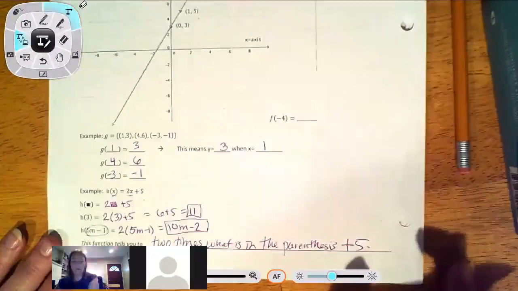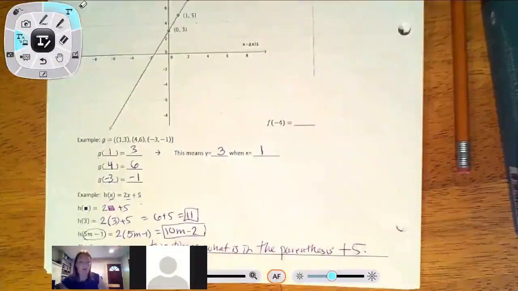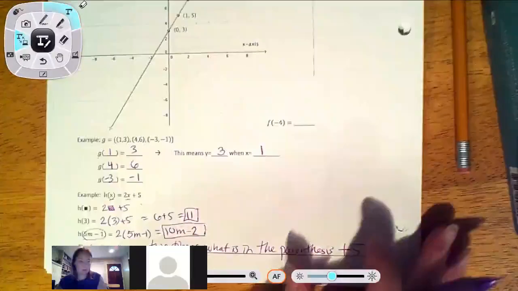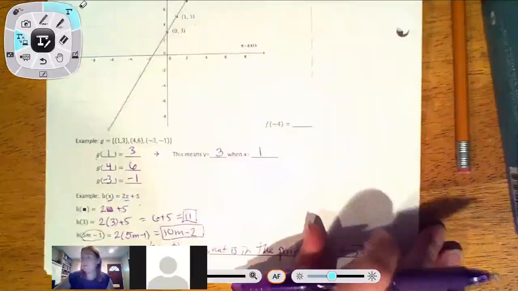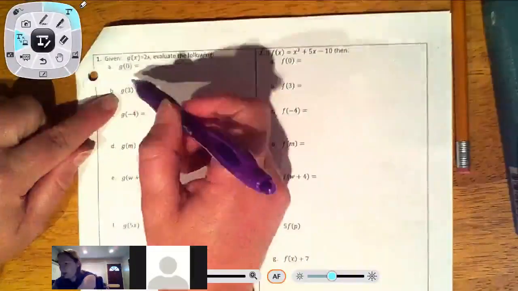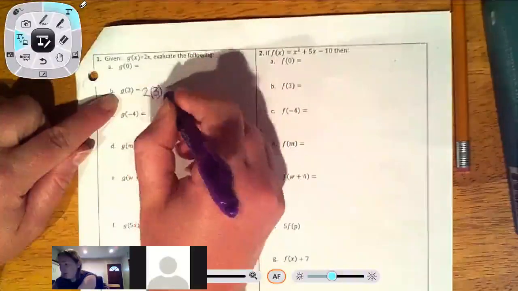So I've got a bunch of practice problems. I'm not going to go through them all, but maybe we'll do a couple of them just to make sure we understand the different functions. So the most basic ones are where you're given a number and you can see that the x is now 3.